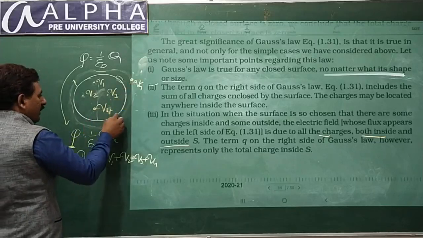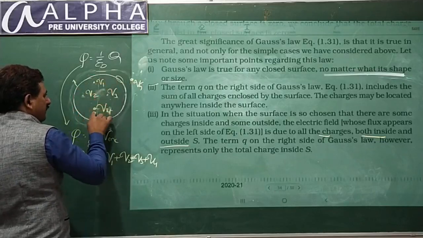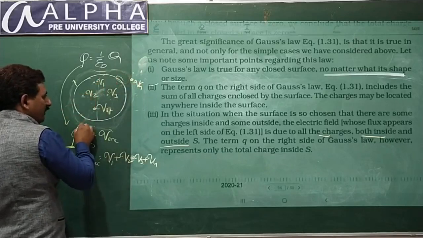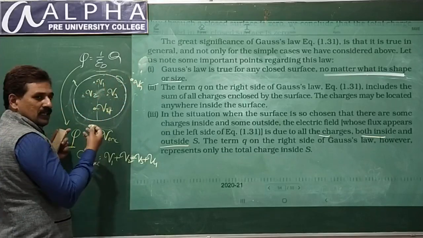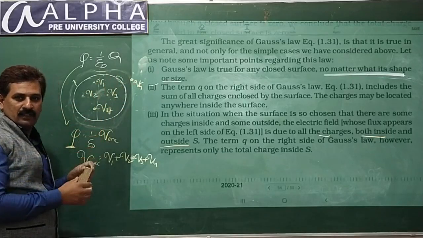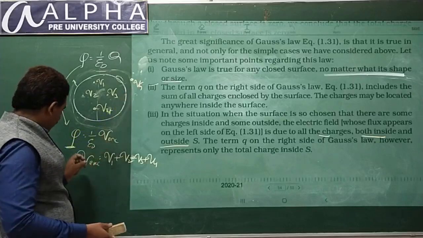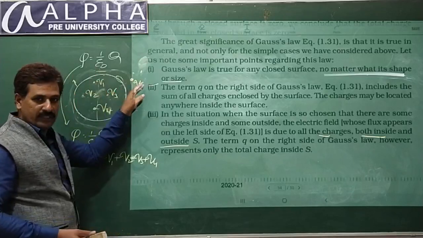Because if you consider entire surface and evaluate flux due to all the charges, whatever the flux that enters will leave. If you add entering, subtract leaving, total term becomes ineffective due to this. Right? So left side flux due to all the charges considered, both inside, outside.